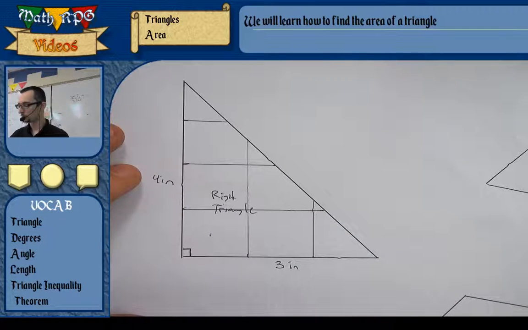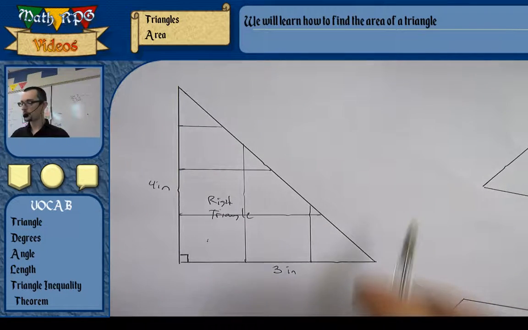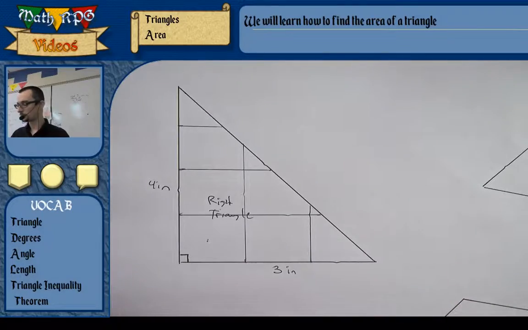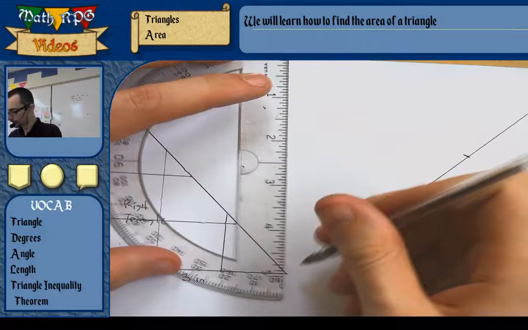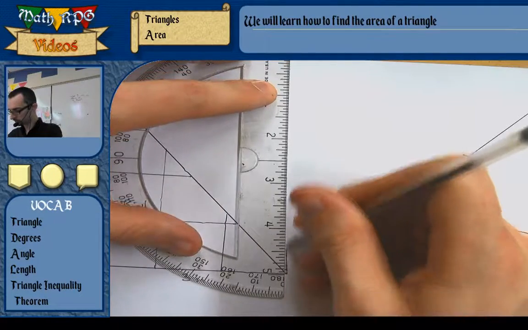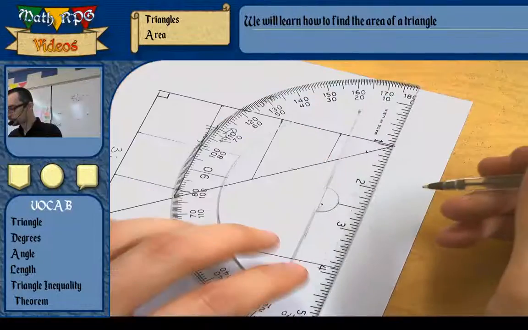So here's what I can do. I'm going to cheat. If this were a rectangle, it'd be really easy to find out how many squares there were. So I'm going to go ahead and cheat and make it into a rectangle. Well, that wasn't a very good drawing there.